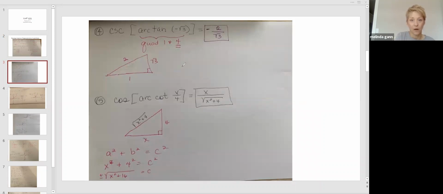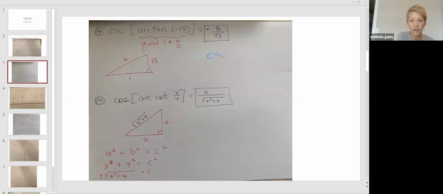Arctan. Let's see if I can move this down some. It's a little hard to see that problem, and I'm afraid if I undo it, it'll go away. So here's what it says. You can't really see the problem very well.